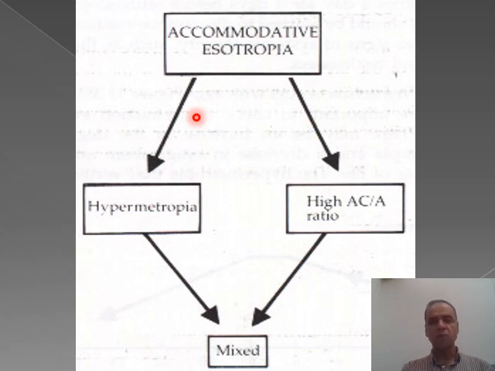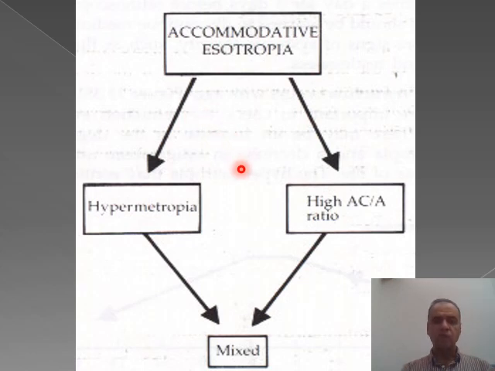For example, to read at a distance of one third of a meter, we usually need 3 diopters of accommodation. So these 3 diopters of accommodation are usually associated with 12 to 15 prism diopters of convergence. This occurs in normal children and even in normal persons.